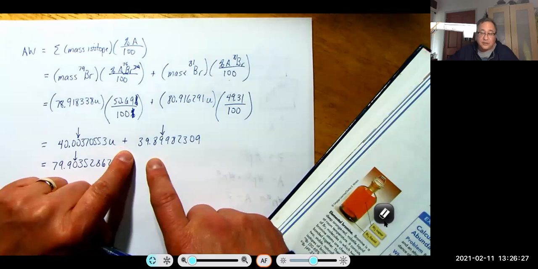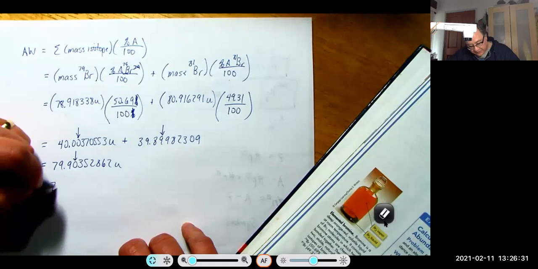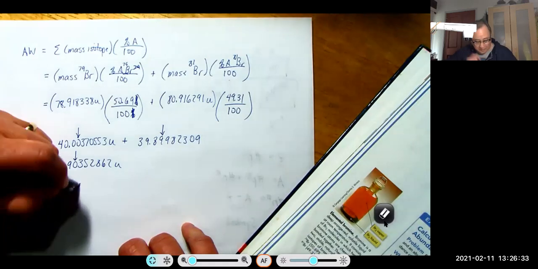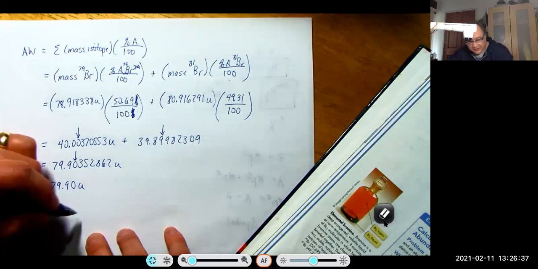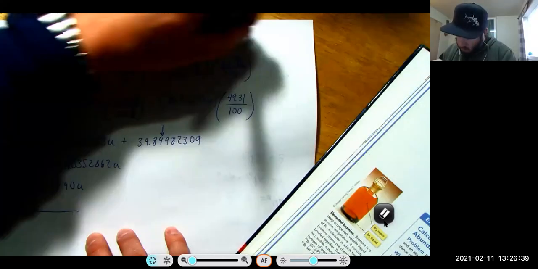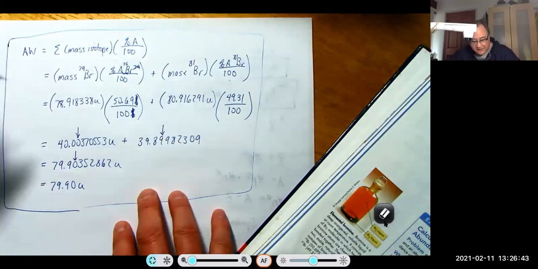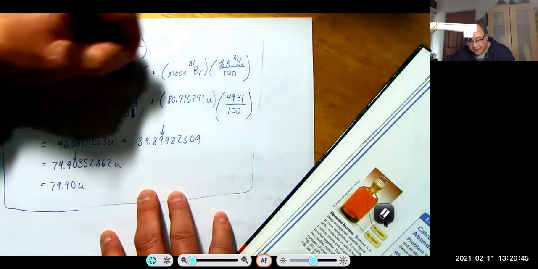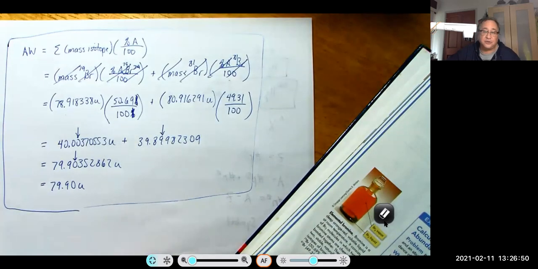Addition is you look at precision. So the answer is 79.90 U. And this is the kind of work I would expect to see for this problem, except I wouldn't expect to see this. This is not necessary, but in my opinion, it certainly helps to guide you through what you're doing.